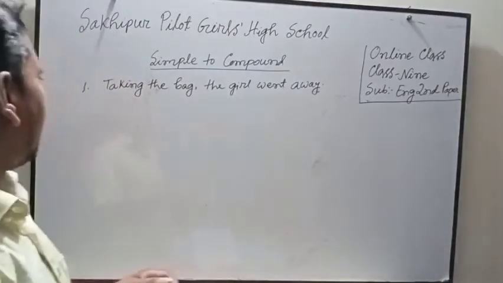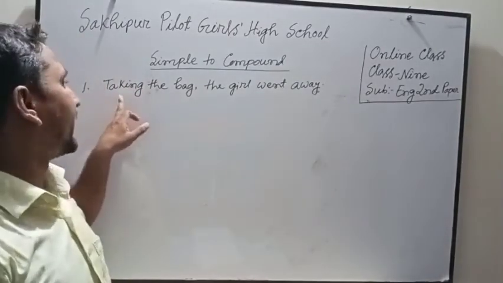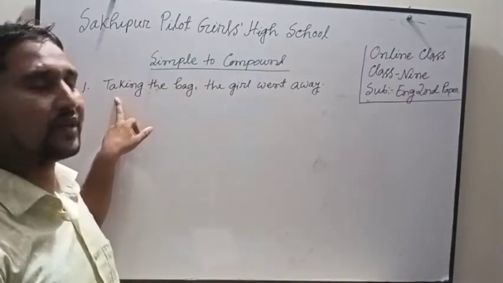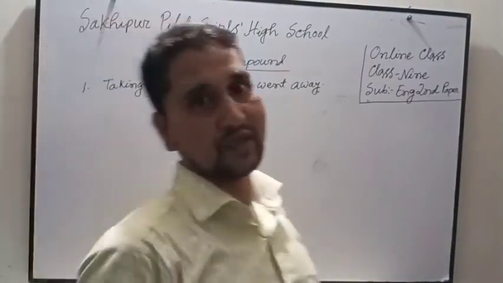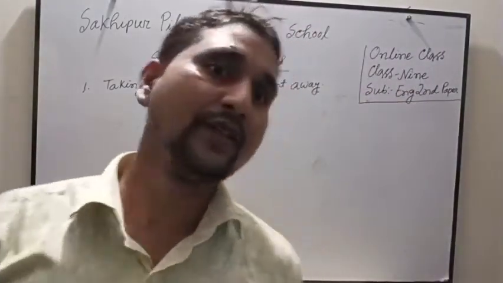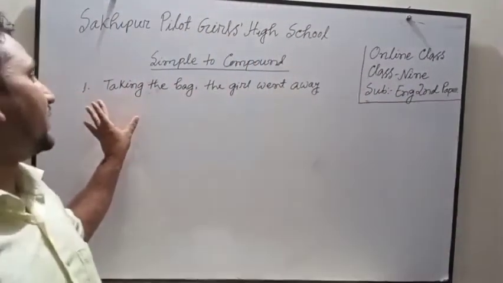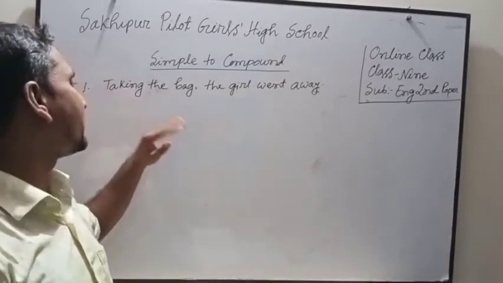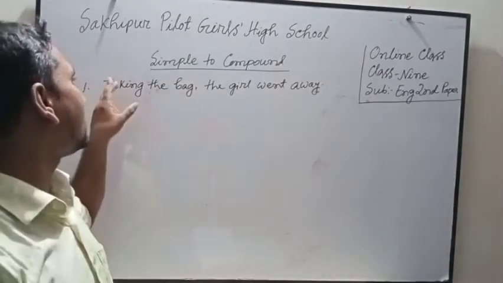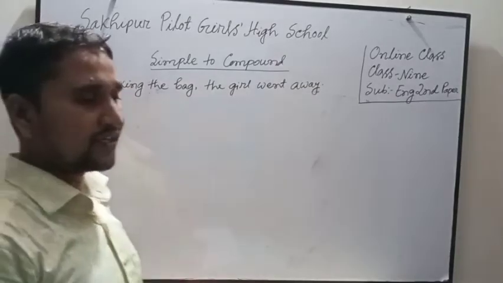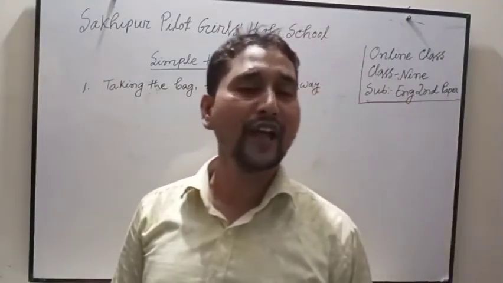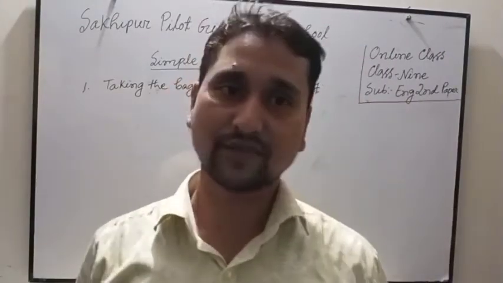Here you can see the sentence begins with taking. It is a participle. What is a participle? Do you know? A participle is a form of a verb that acts as a verb and at the same time as an adjective in a sentence. That is called a participle. There are three kinds of participle: present participle, past participle, and perfect participle.